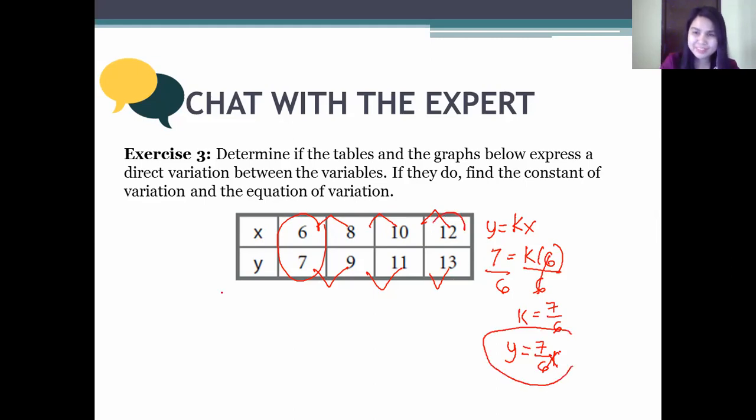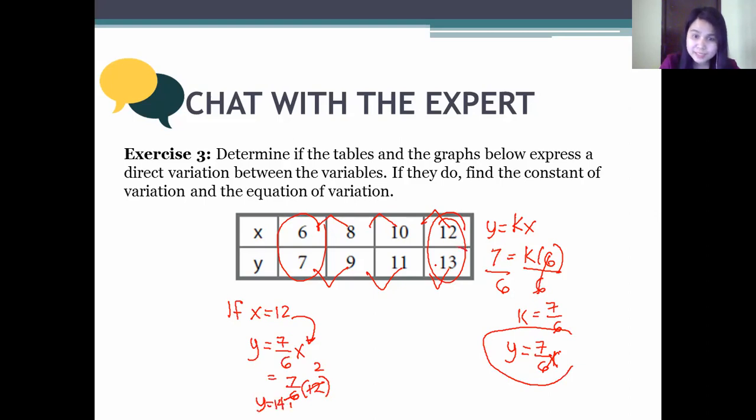If x equals 12, will y be 13? Let's check. y equals 7 over 6x. So we have 7 over 6 times 12. 7 times 2 is 14.